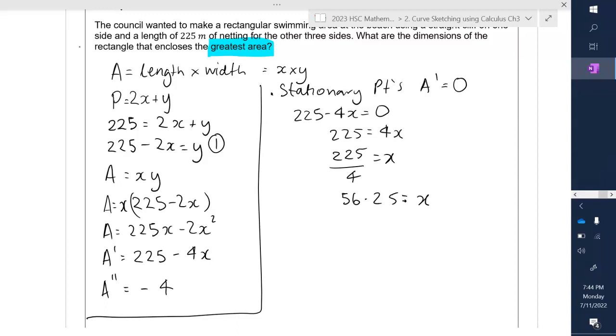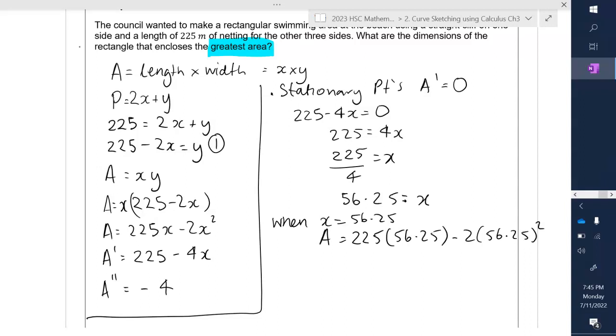Let's find our y. So, when x is 56.25, what's y going to be? We're back into our equation. Well, when I'm looking at y, my y is actually my a, isn't it? So I'm going to pop that as an a. What's my a going to be? My a is going to be 225 times 56.25 minus 2 times 56.25 squared.